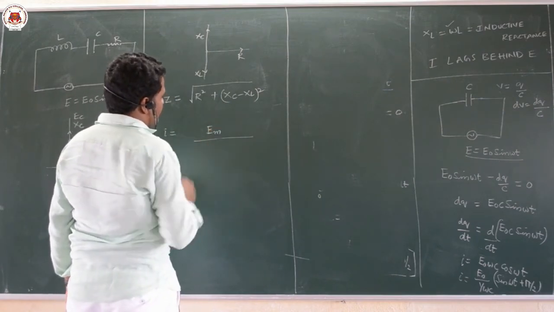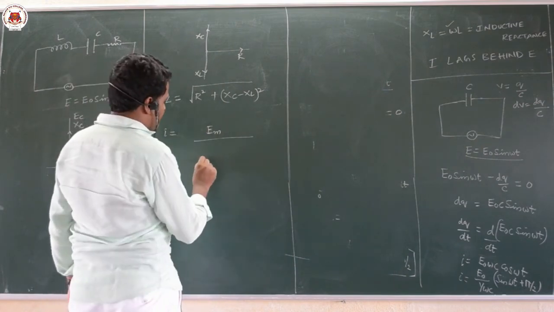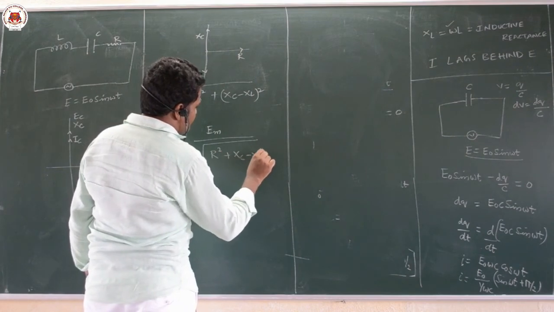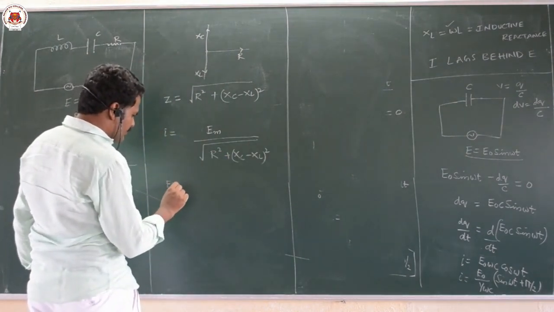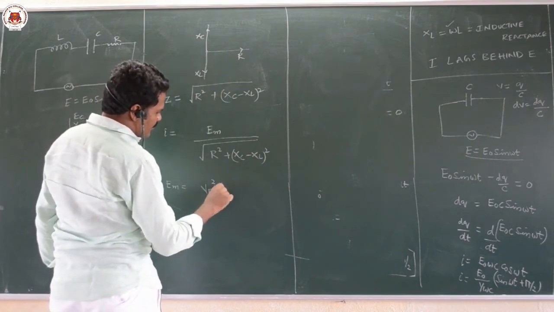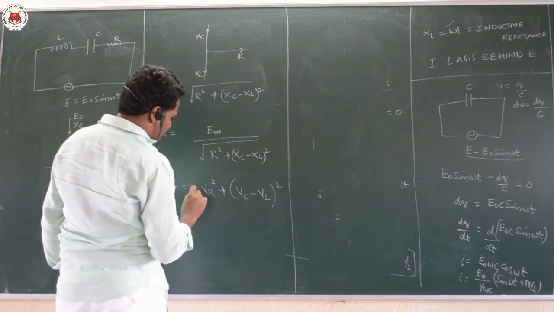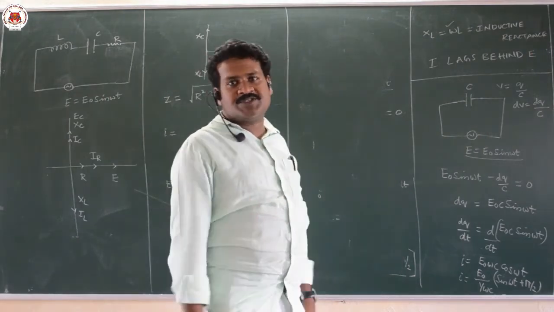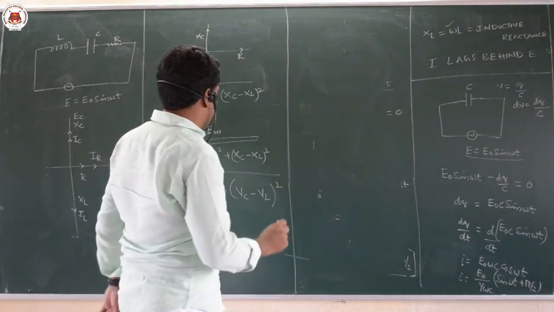Now current is equal to the potential difference divided by Z, that is, the voltage divided by root of R square plus Xc minus XL whole square. This voltage can also be calculated as the root of the voltage due to the resistor square plus the voltage due to the capacitor minus the voltage due to the inductor whole square, because voltage also we take as a phasor. This is the current you will get in the LCR circuit.